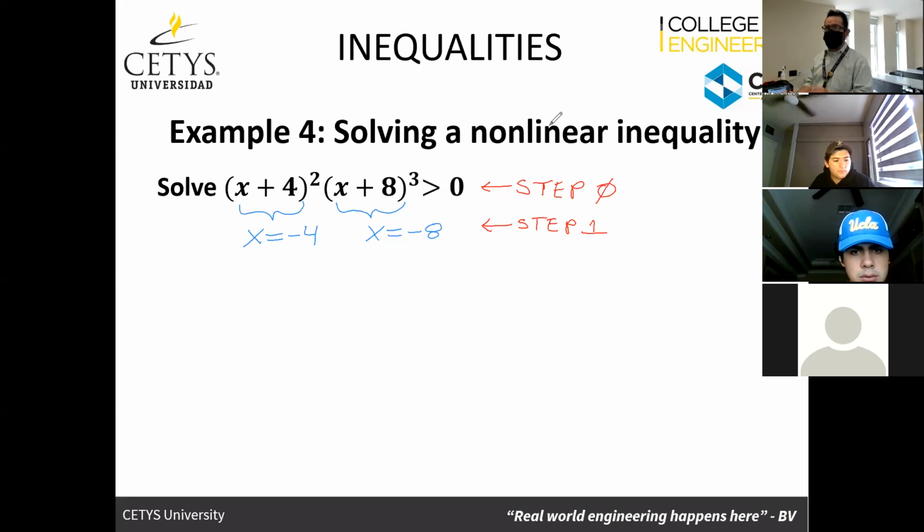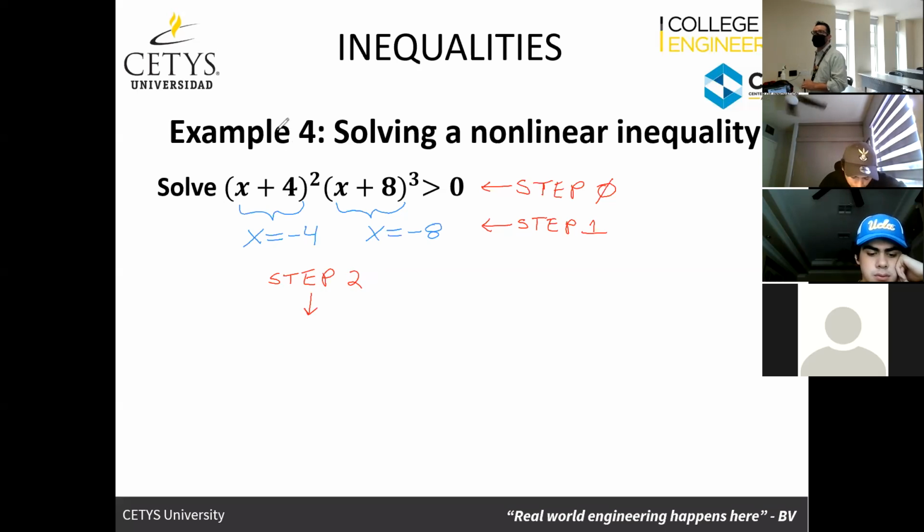What was step 3? I'm sorry, step 2. Step 2 was going to be to identify the intervals that we're going to be using. The intervals are going to be defined based on the values we have as roots.